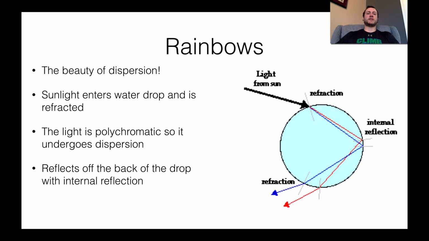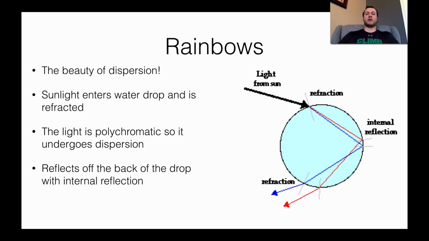Now, rainbows are our application of dispersion. When light enters a raindrop, it's going to behave very similar to a prism, except we're going to have total internal reflection. The light enters every single droplet of water. That light then disperses, right? We undergo refraction. That light spreads itself out, and then it gets to the back of the droplet of water.